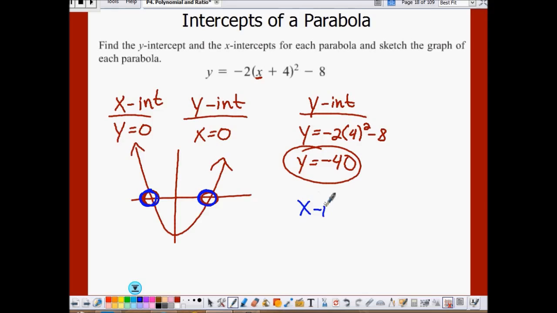Again, to find the x-intercept, plug in 0 for y. So I'm going to put the 0 at the end. 0 equals -2 times (x plus 4) squared minus 8. Something odd about this.